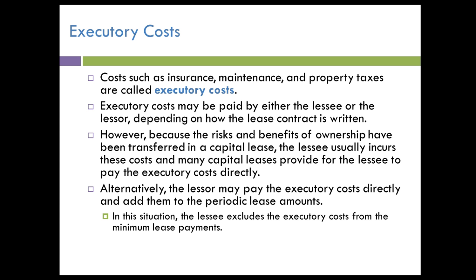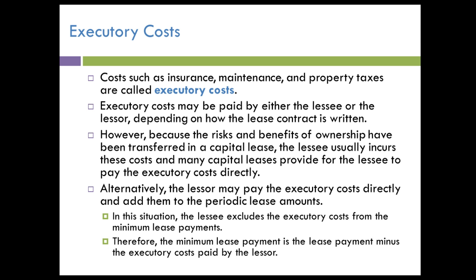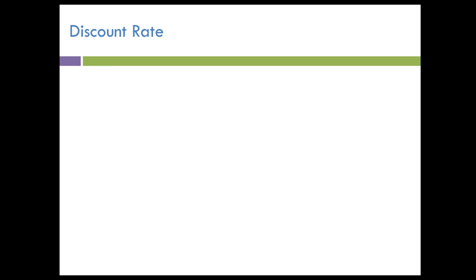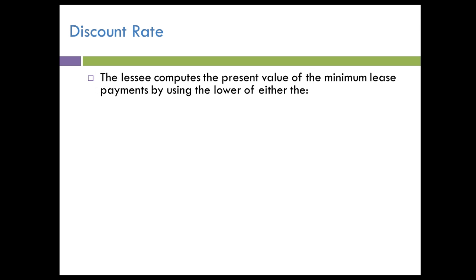If they do it in that way, then the lessee is going to exclude those executory costs from the minimum lease payment. And the minimum lease payment is going to be the lease payment minus those costs paid by the lessor. Now, as we talk about the discount rate, the lessee is going to determine the present value of those minimum lease payments.